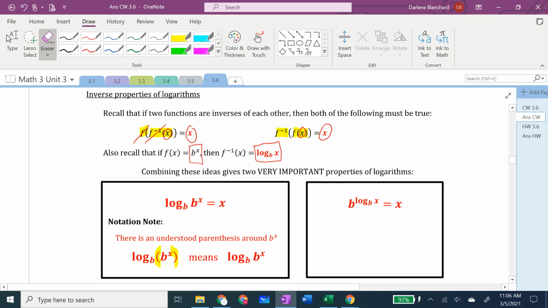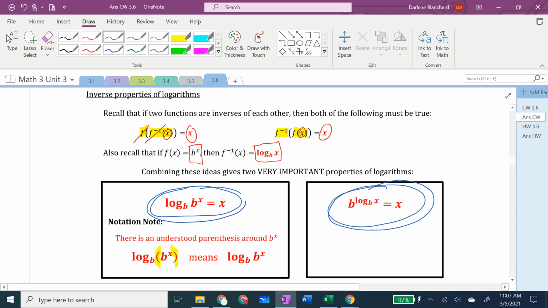These two properties we've looked at already, but now I want to make sure you are very, very clear. There are only 5 log properties that you actually need to know. The 3 rules we recently went over, the rule for when you have addition between logarithms, subtraction between logarithms, or a multiplication outside a logarithm. Those 3 rules plus these 2 rules are the only rules you really need to know.